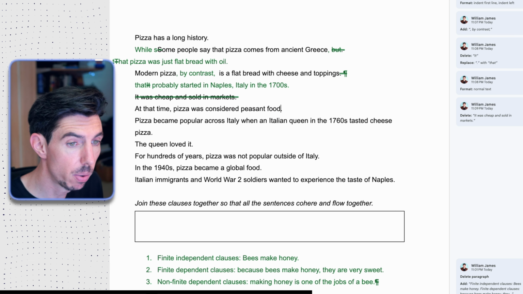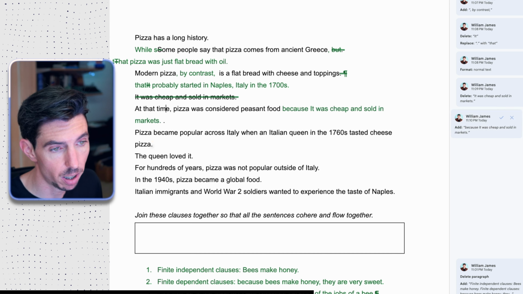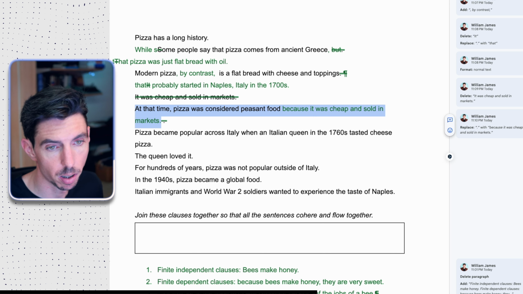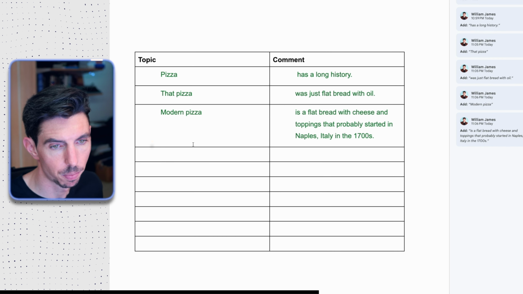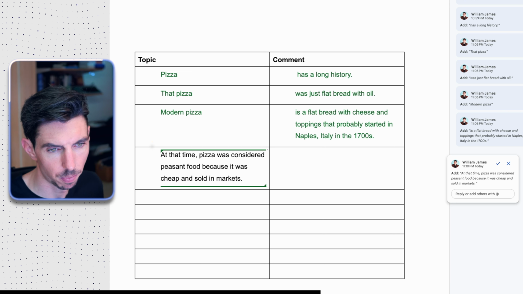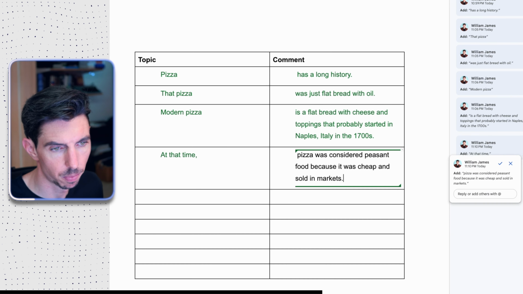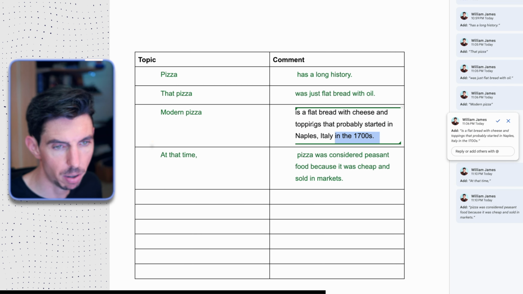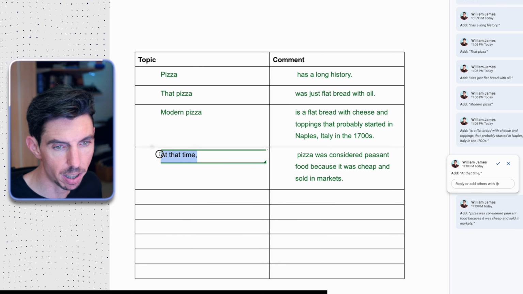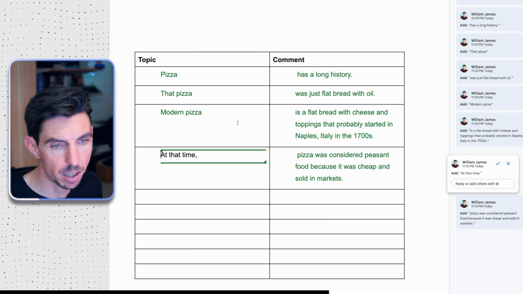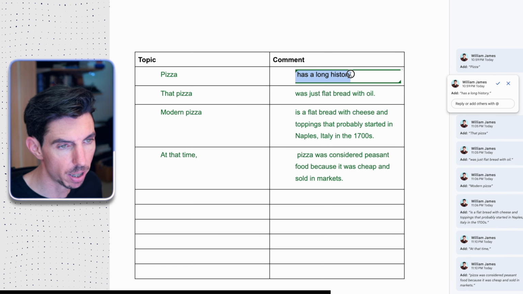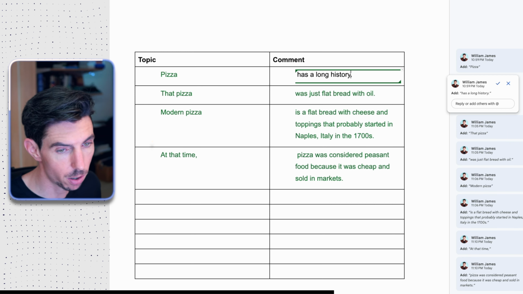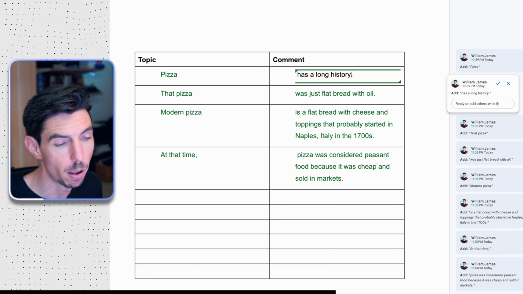So we can say "Pizza was considered peasant food because it was cheap and sold in markets." And look at that, "at that time" is linking up nicely here. So the end of this sentence and the beginning of this sentence flow really nicely together. And it's also linking up to the comment of the topic sentence, which is about having a long history, time and history. So far, so good. All the pieces of the paragraph are working very well together.